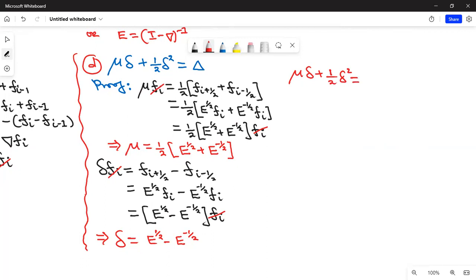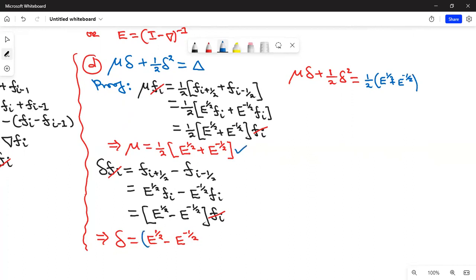Our mu, we have found it to be 1/2 times shift raised to 1/2 plus shift raised to negative 1/2. That was mu, this one here, times delta.